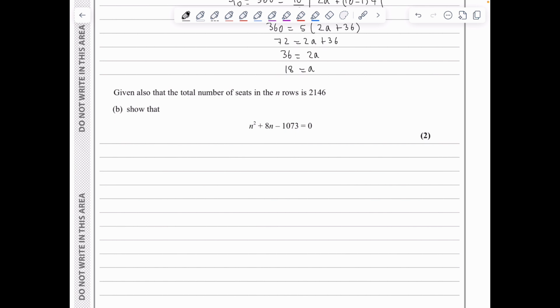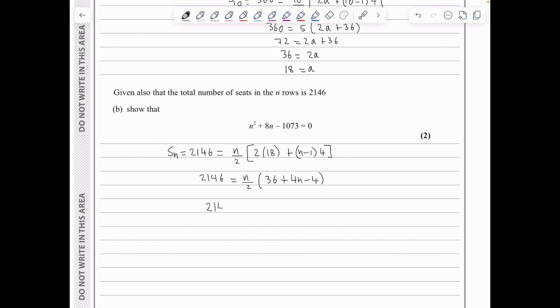We're then told that the total number of seats in the n rows is 2,146, and we need to show that this leads to this quadratic equation. So we have just been told that Sn is 2146, which is equal to n over 2. Now 2a is 2 times 18, plus (n minus 1) times d, which is 4. So we've got 2146 is equal to n over 2 times (36 plus 4n minus 4).